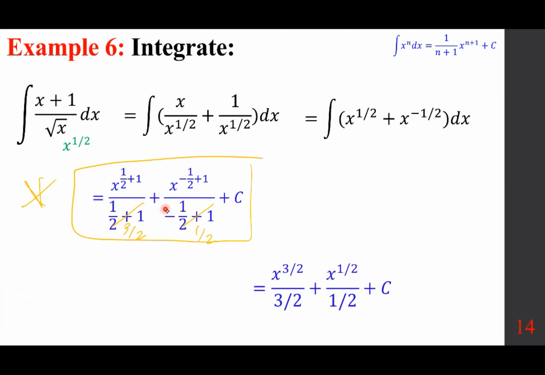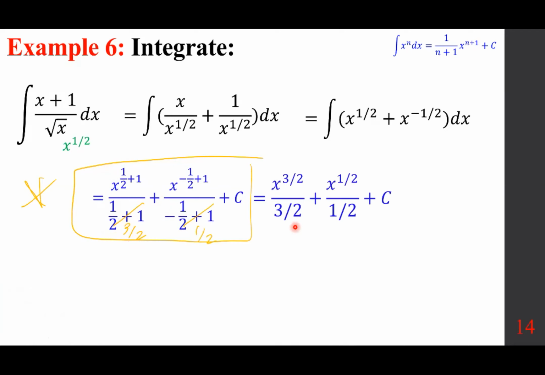So let's just write it. When we divide by 3/2, we get 2/3. And we divide by 1/2, we get 2. And we are done. You can write 2/3 x to the power of 3/2 here, or in the numerator, makes no difference. Same thing.